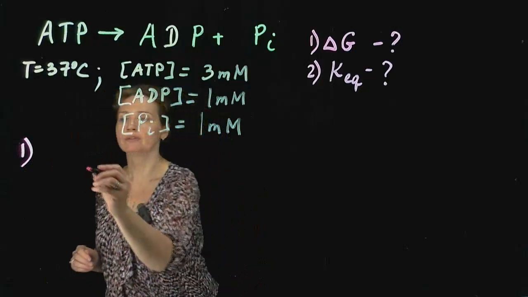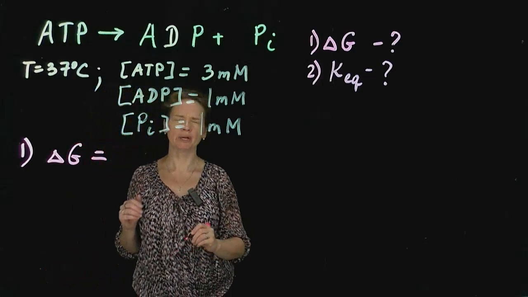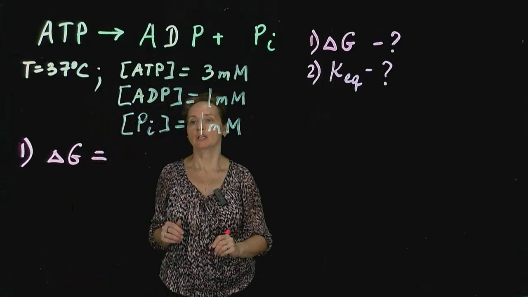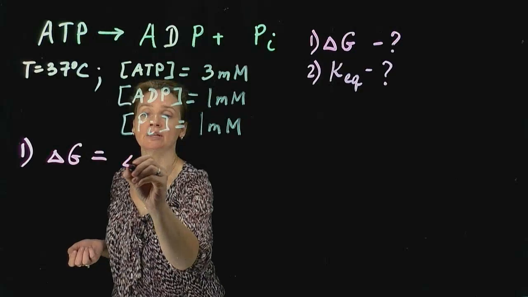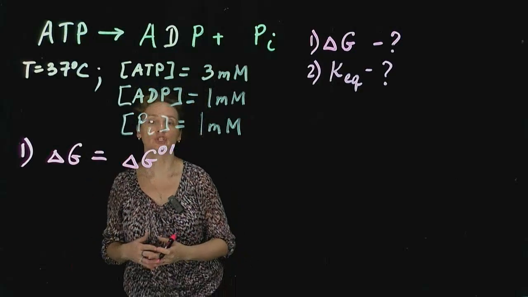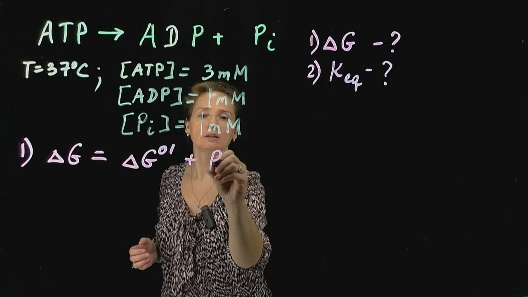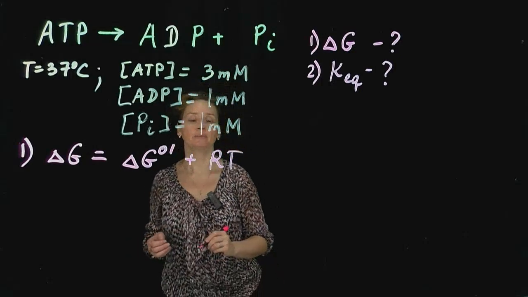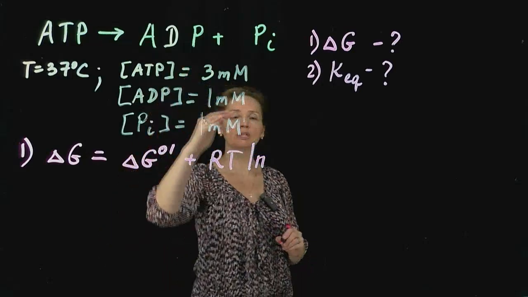So we know that free energy change actually depends on two terms. It can be determined as a sum of some standard value, which is calculated under conventional standard conditions, and another term that depends on the concentrations of the products and reactants.